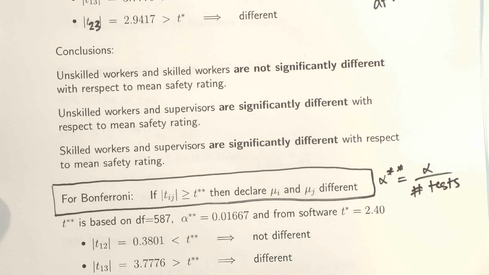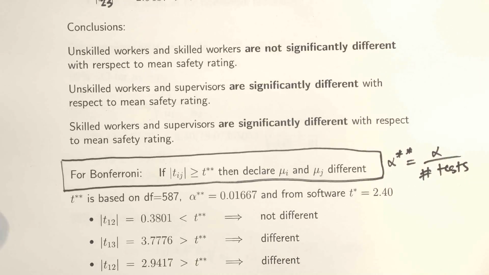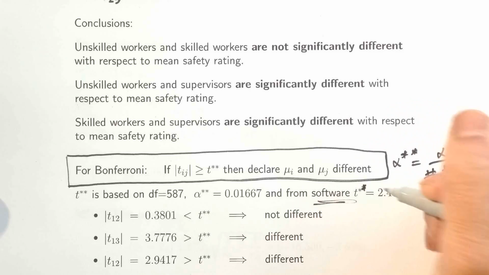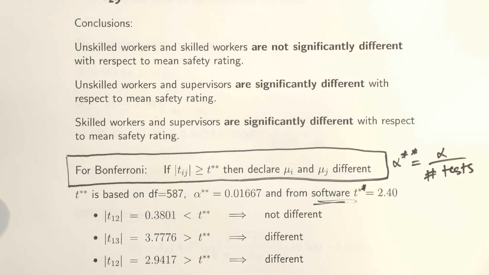For the worker safety rating example, t star star is still based on 587 degrees of freedom because our test statistic had 587 degrees of freedom. But our alpha star star is not 0.05; at the individual level, we're doing it as 0.05 divided by 3. And at this point, it gets harder to use our statistical table, so we're going to rely on software to get the t star star value. It's 2.40.